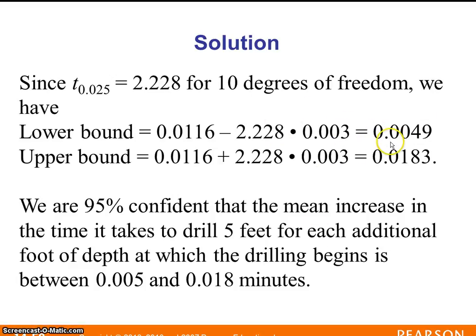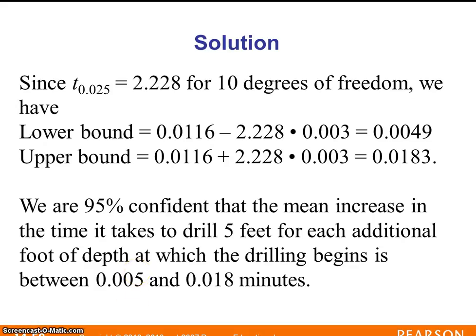You'll get 0.0049 and 0.0183, so we could say that we're 95% confident that the mean increase in the time it takes to drill 5 feet for each additional foot of depth at which the drilling begins is between 0.005 and 0.018 minutes. Okay, so I hope that makes sense.